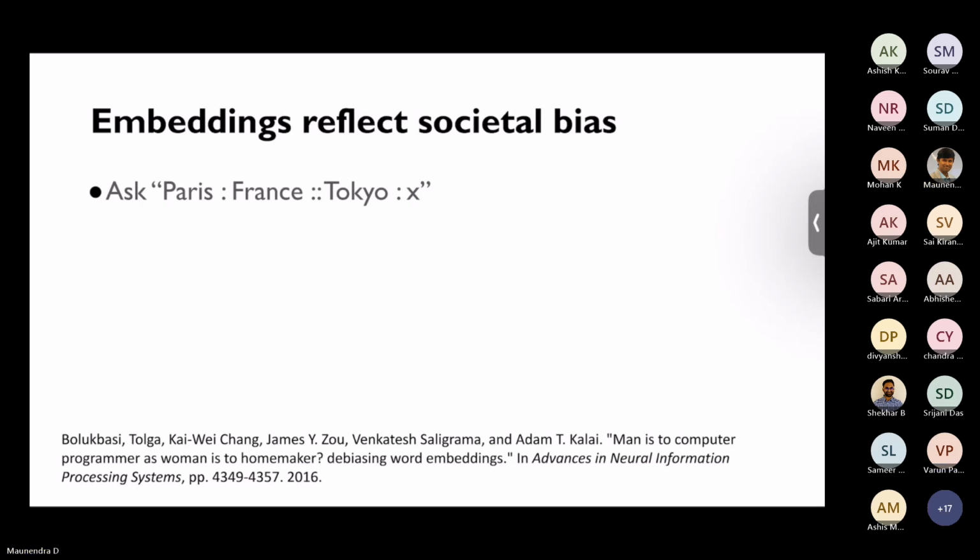We expect X should be Japan here. If we actually find the difference and see which words are aligned with it, we expect Japan to be at the first position, or very top, in that list of predictions, which is true.